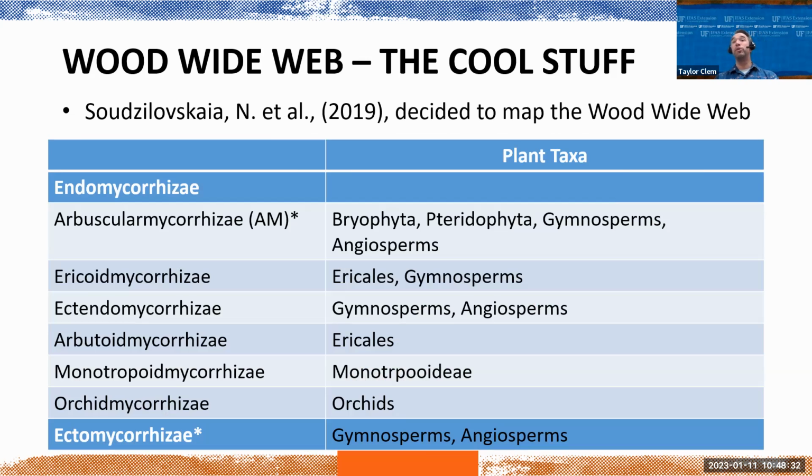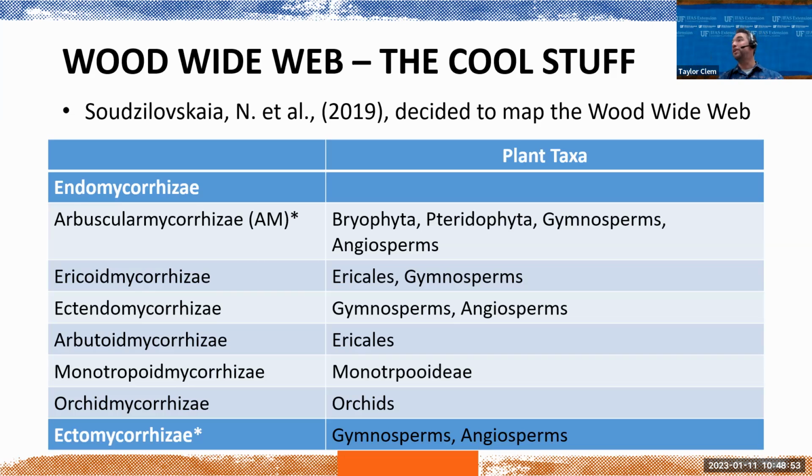They looked at global species distribution and were able to determine where we could see these different types of connections. That includes endo and ecto and all the different types: arbuscular, ericoid, ecto, arbutoid, monotropoid, and orchid. I know those are all very specific ones, but they mapped all that out.